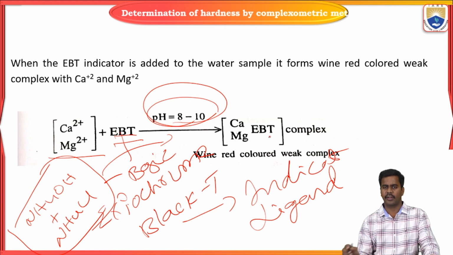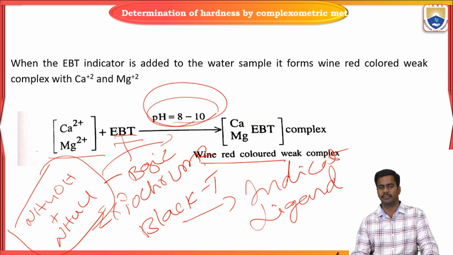So calcium EBT complex has been formed. The color of the complex is violet. But this is a very unstable complex. Why should we call it an unstable complex?